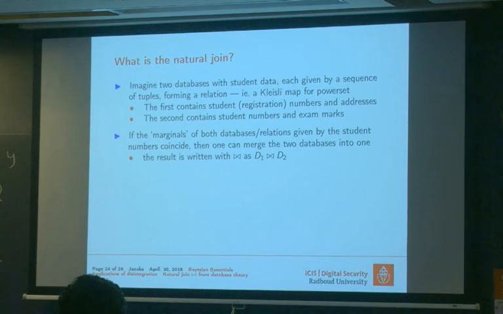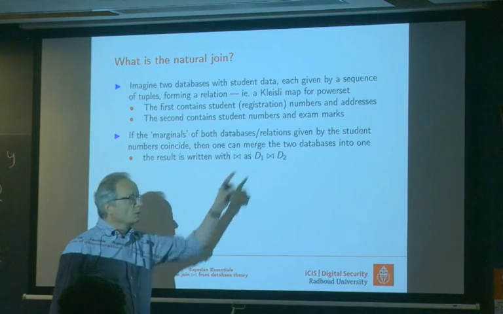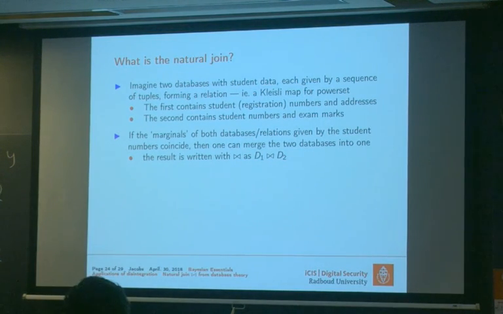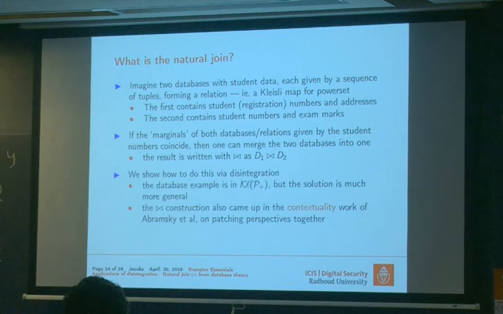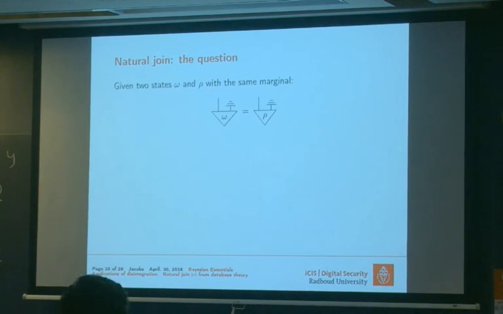There is a join which is written in such a funny bow tie, which is defined then in this area. Now, how to do this? I'll focus on the pictures. So you have 2 databases, omega and rho, and they coincide on one column.